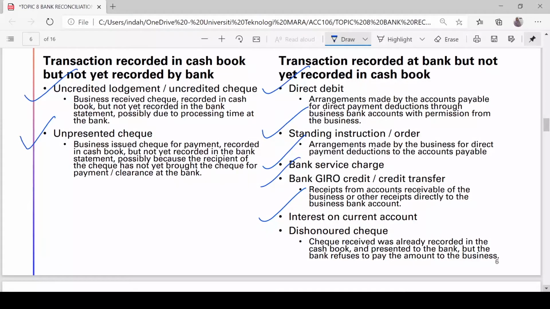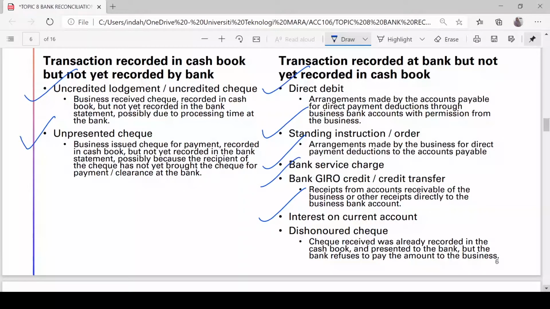Check received. You have recorded the check received at the business premises. You record in your cash book the check received from your customer for the payment, and then you present it to the bank. Nowadays we do not go directly to the counter, but we deposit all the checks into a check deposit machine.